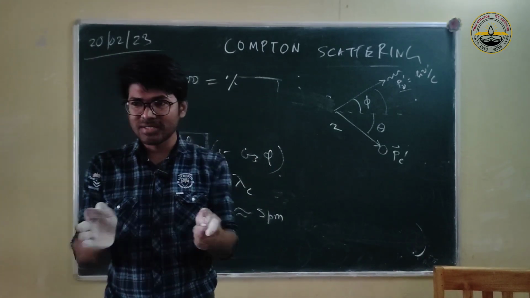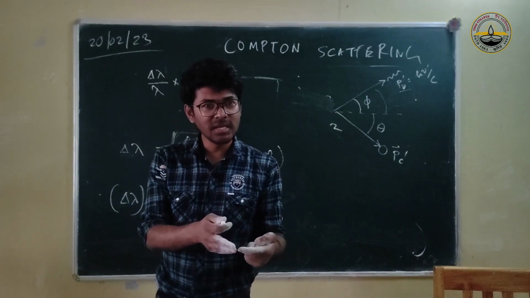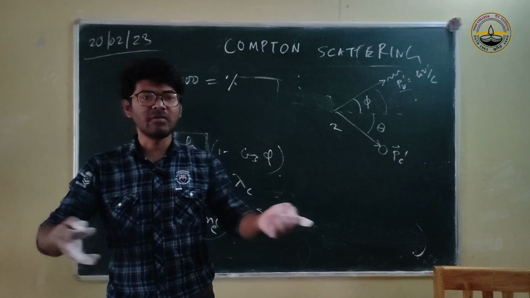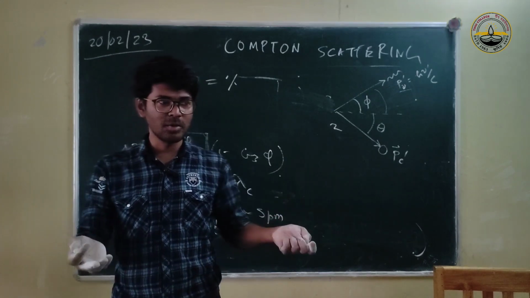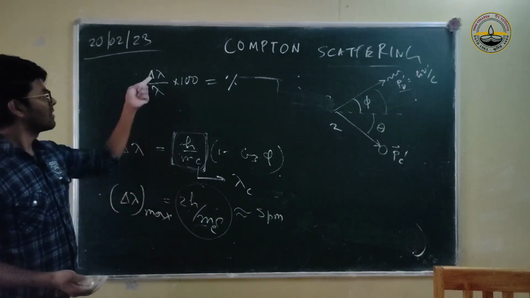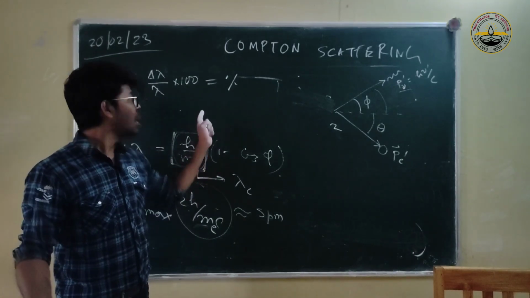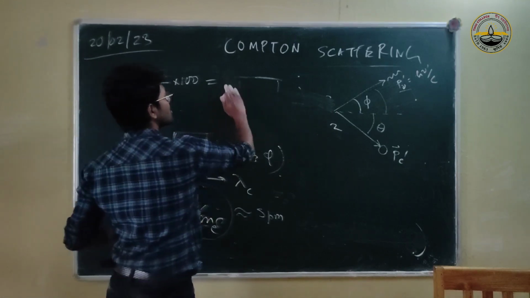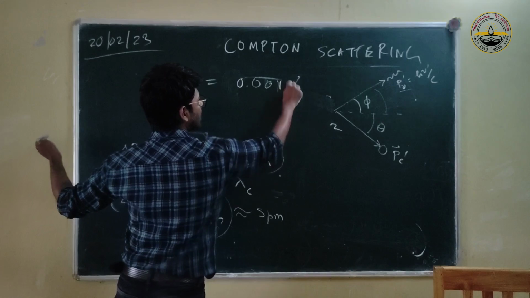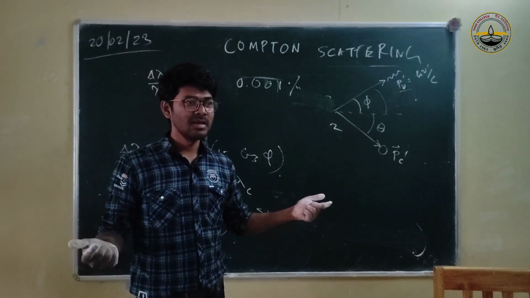You know the lambda for visible light will be somewhere around 380 nanometers to 700 nanometers. Take something in the middle, 500 nanometers to be easy, and check out what this is. So it will be 5 picometers divided by 500 nanometers. You will see that this is maybe 0.01 or 0.001%. So the change is insignificant.